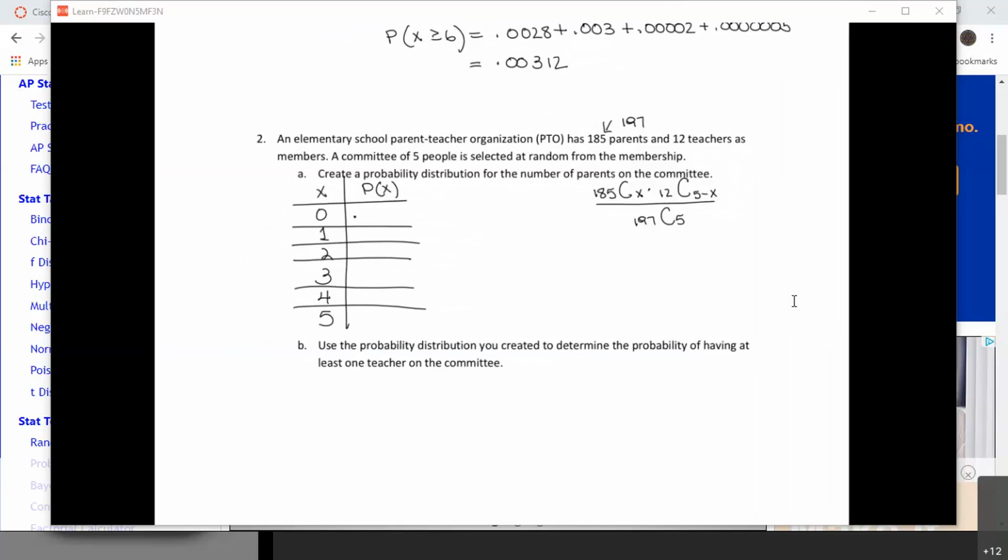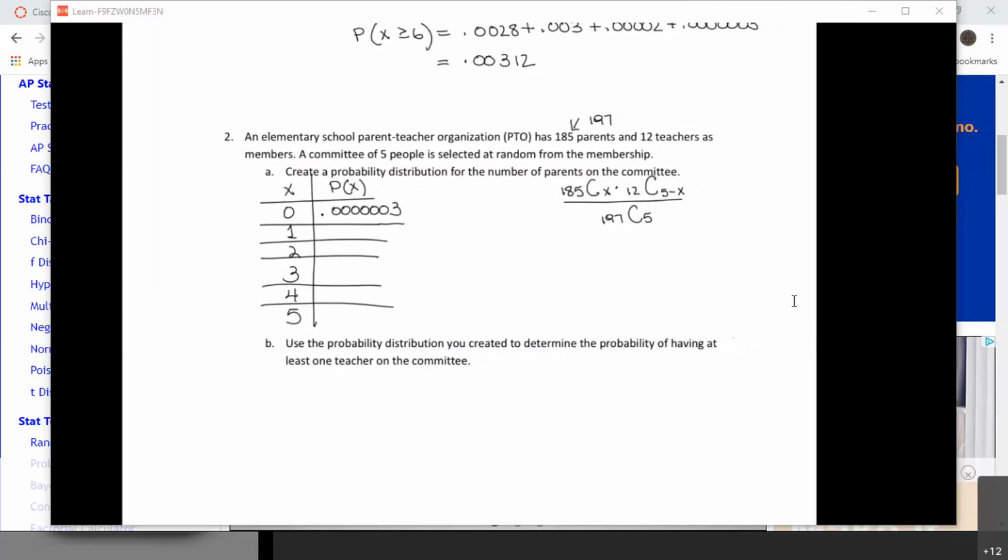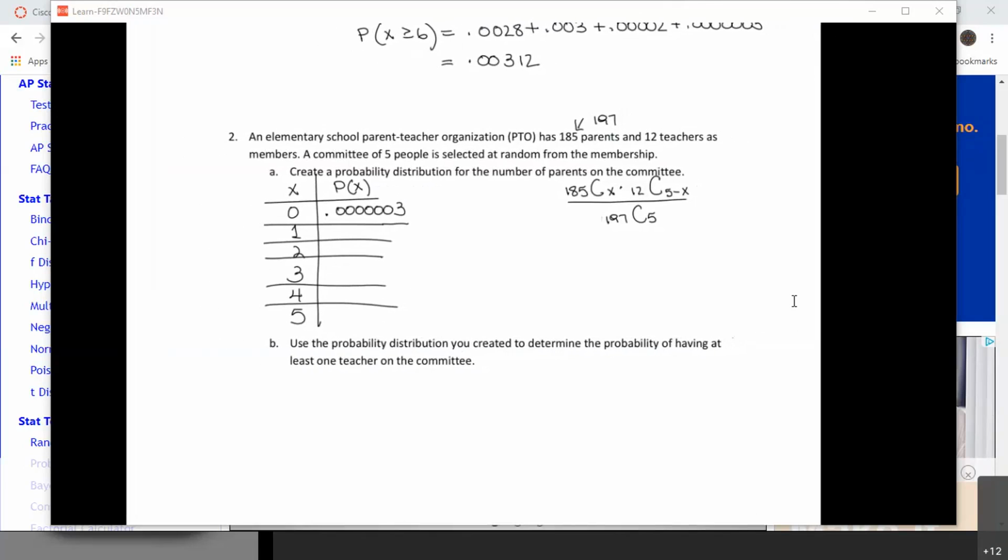All right, so this one, okay, so I have a really infinitesimal chance of getting no parents on this committee. Okay, look at the overwhelming number of parents in the pool. It's reasonable that I get a really small probability. But then the probabilities start increasing as the number of parents increases.